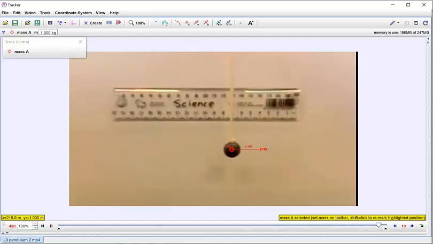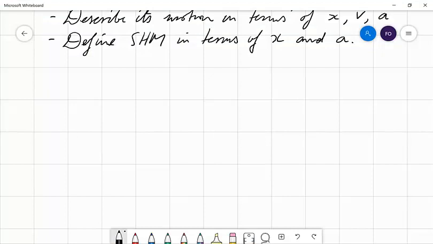Okay, so that's what we're going to describe, and we're going to focus on those three key positions. So we're going to look at describing simple harmonic motion now, and we'll underline that as well. We're going to focus on three positions.